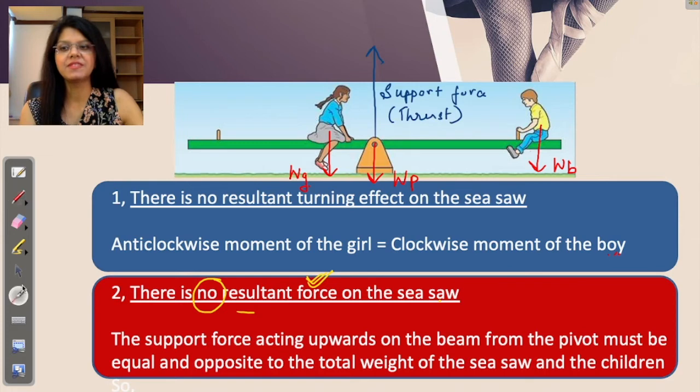So every force creates an equal and opposite force. When you're standing on the ground, you're pushing on the ground, at the same time ground is pushing you up. Same concept is applying here.